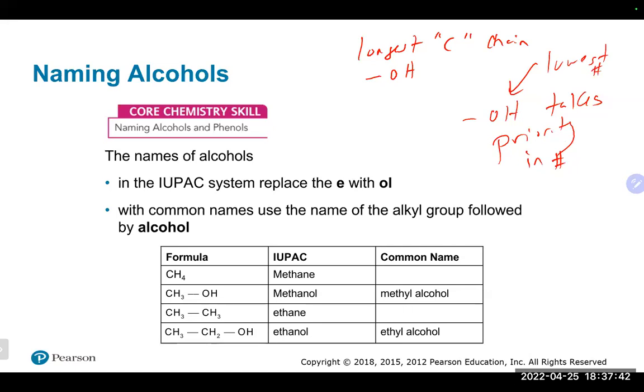Whichever way gives the OH group the lowest number, you do need to include it and name everybody. In addition, there is more than one place where you could put the OH group, and that happens right around 3 carbons. You need to give the location of where the OH group is at.